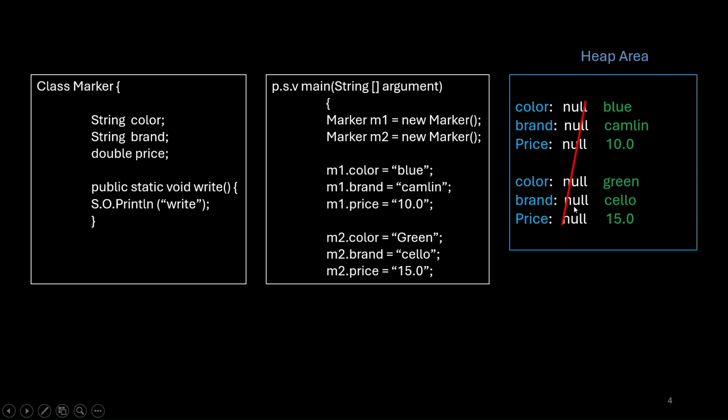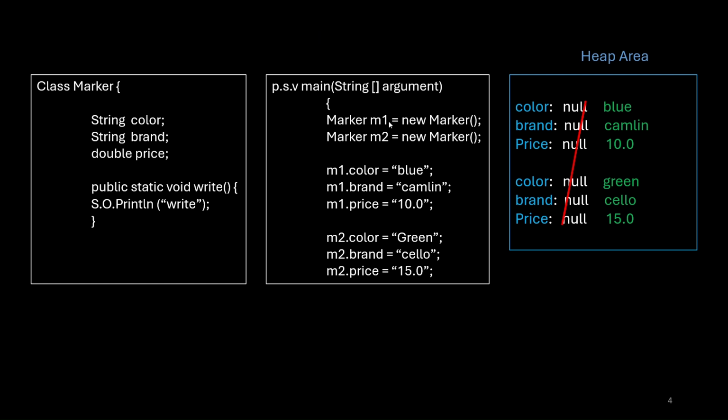When you run the program, the compiler assigns the values blue, Camry, 10.0, and green, Cello, 15.0, and the null values will be erased. This is the way our object works. Also, we have a method, and that method should also be there.